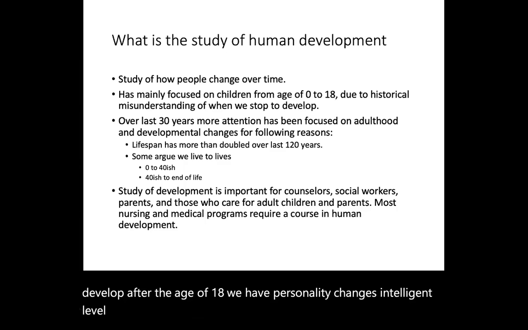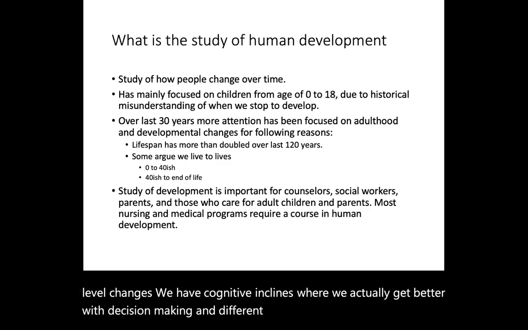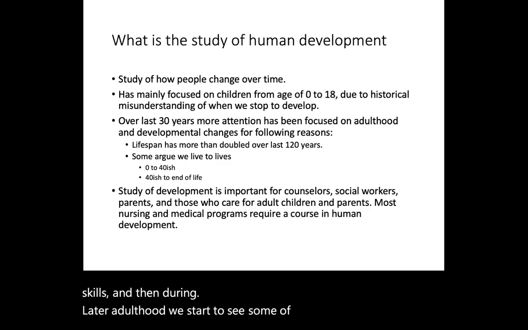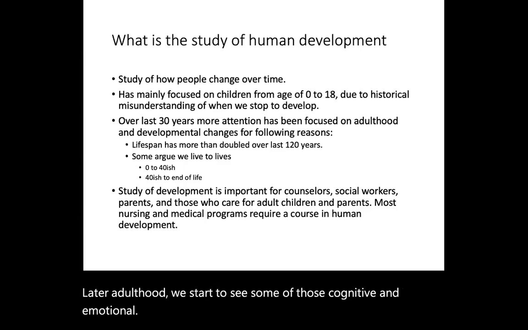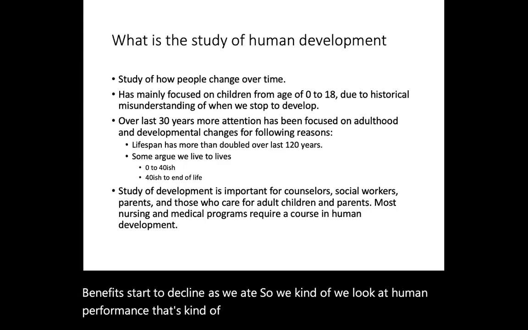We have cognitive inclines where we actually get better with decision making and other problem solving skills. And then during later adulthood, we start to see some of those cognitive and emotional benefits start to decline as we age. So if we look at human performance, it's kind of U-shaped over the lifespan.